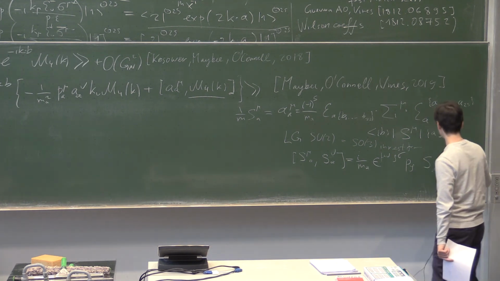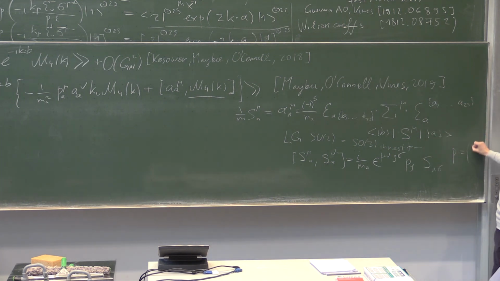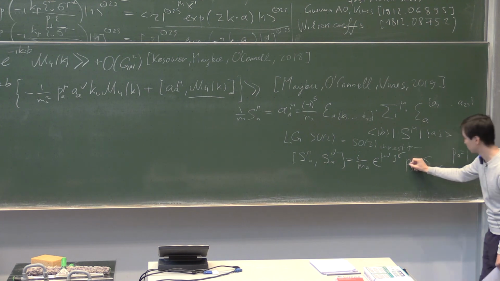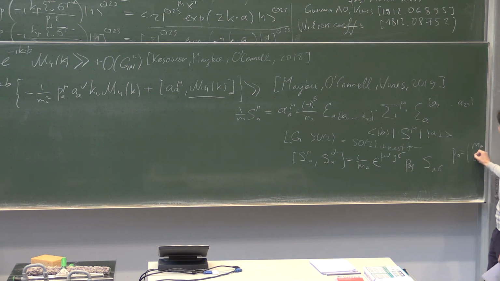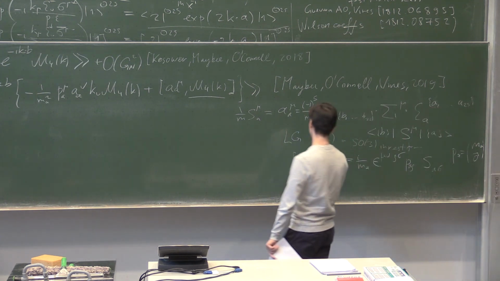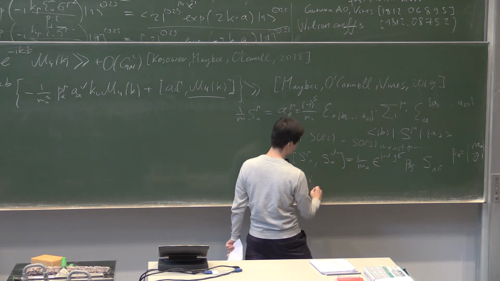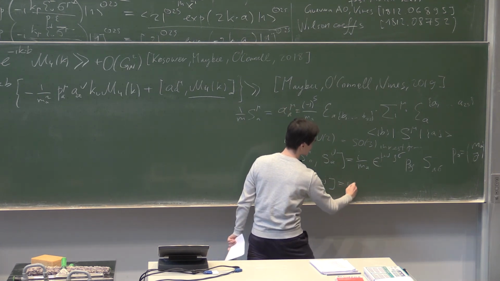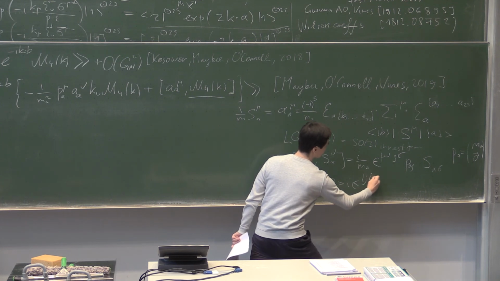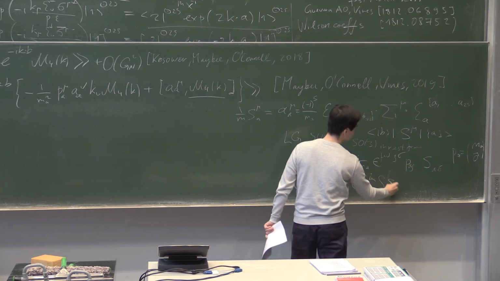You can easily see that in the rest frame, this is p_0. In the rest frame, it boils down to S^i, J equals i Levi-Civita S^k.